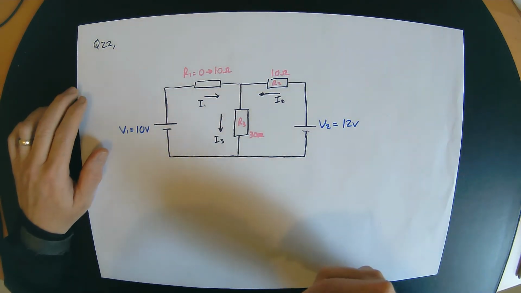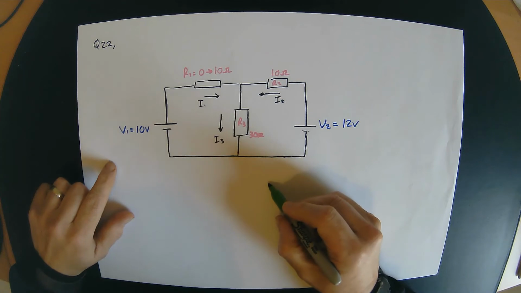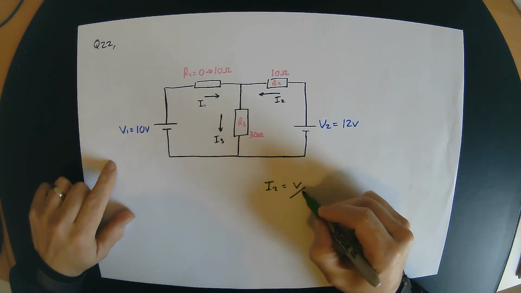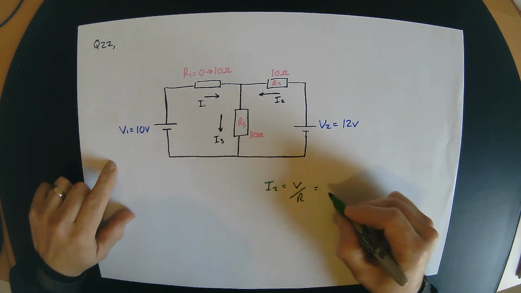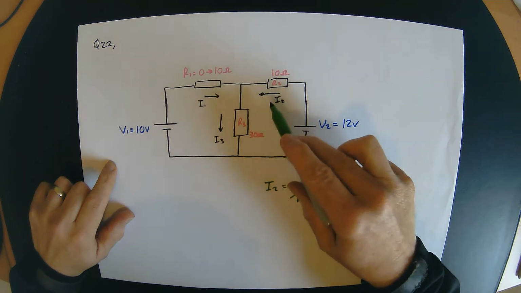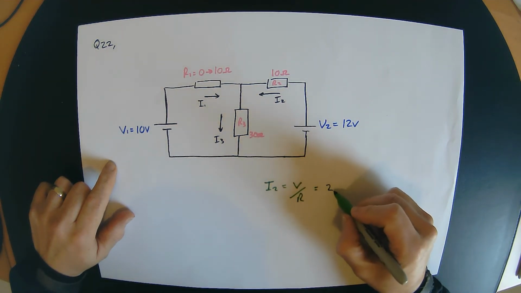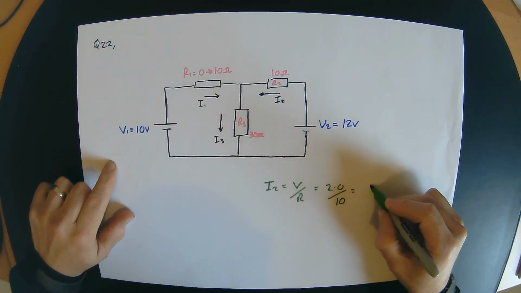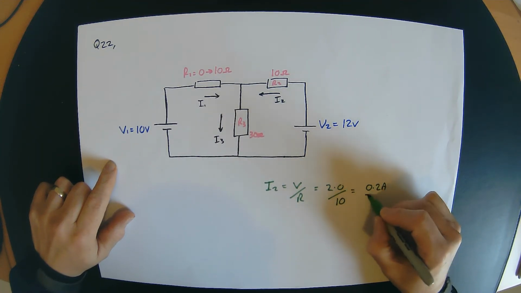So this has a potential difference of 2 volts. So I2 equals V over R2, which is the 2 volts that are left over when you take the 10 away from the 12, divided by the 10 ohms, equals 0.2 amps.